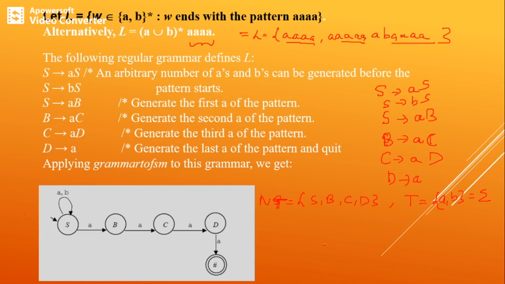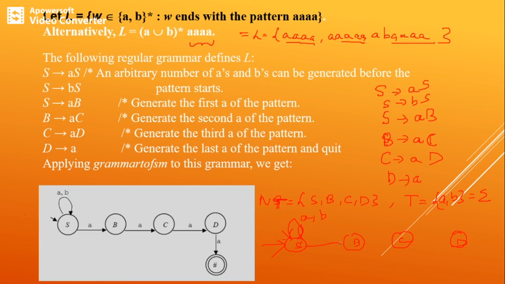This is nothing but your alphabet also. Now, how do I convert? We have the states S, B, C, and D, and the start state is S. Draw an arrow to S. S gives AS, which means a self loop on A. S gives BS, so a self loop on B also.